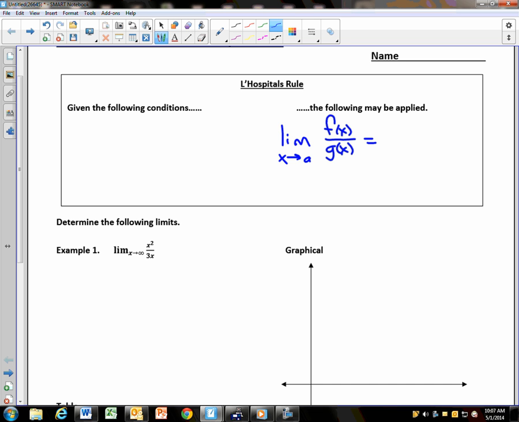Either the limit as x goes to a of f of x and the limit as x goes to a of g of x must equal 0. So either they're both equal to 0 or they're both equal to infinity. Those are the two really interesting situations. What is 0 divided by 0 and what is infinity divided by infinity?